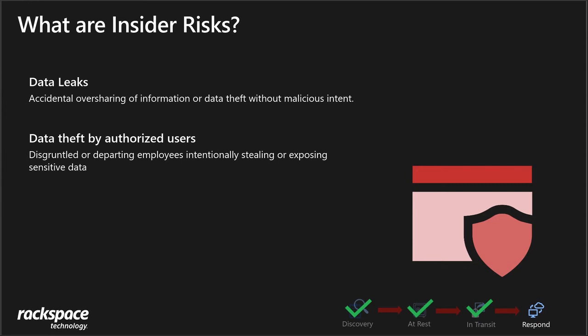And the second is data theft. This is particularly around authorized users, because there's lots of data theft from non-authorized users, if you're talking about breaches and things like that. But we're talking specifically about people that generally already have access to this data and are then stealing it, either intentionally exposing it or stealing it before they leave, or if they're just a disgruntled employee in general.